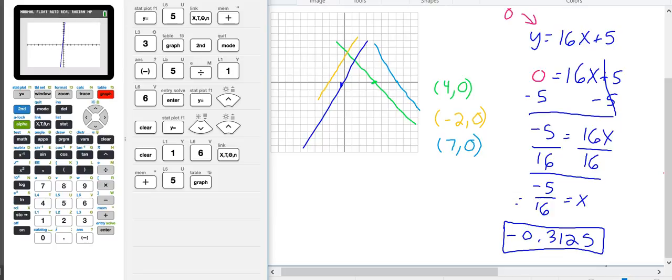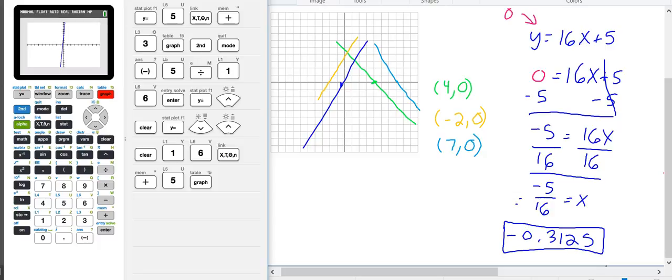We can see that where it crosses the x-axis is around where we drew our dark blue line, where we thought it would cross at -0.3125. But can we find out exactly? Let's say we didn't solve it beforehand and we wanted to find out exactly where the graph crosses the x-axis. We can have the calculator tell us.